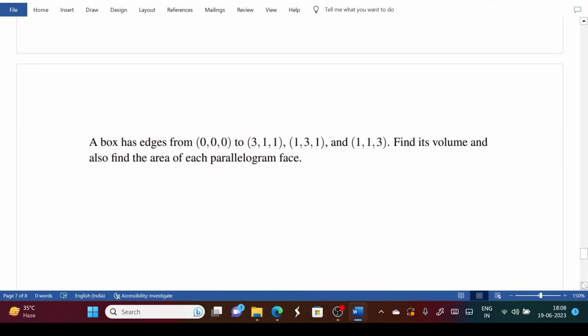Now a box has edges like this. Find the volume and also find the area of the parallelogram of each face.